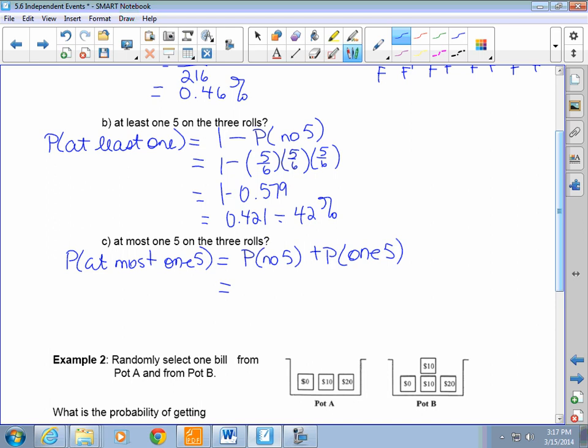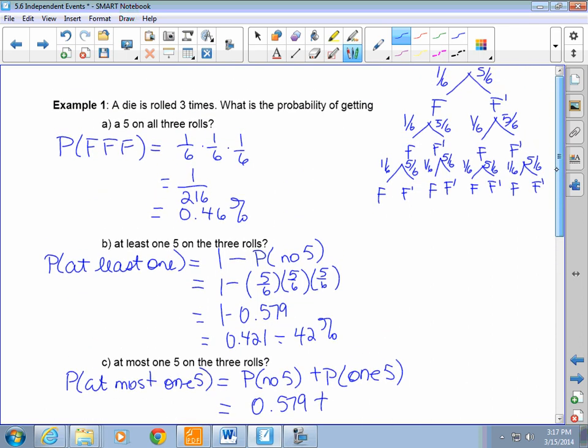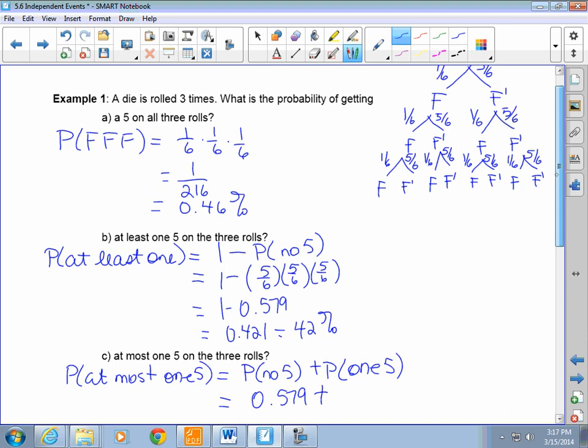So the probability of no 5s, that was 5/6 times 5/6 times 5/6, so that was 0.579, plus the probability of getting one 5. So if I got one 5, then that means, let's say the first roll I had gotten a 5. Then the other 2 rolls would be 5/6 and 5/6 chance that I didn't get that.